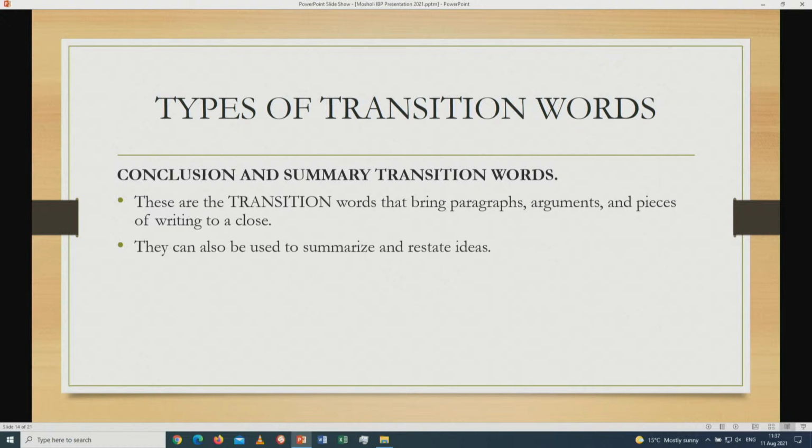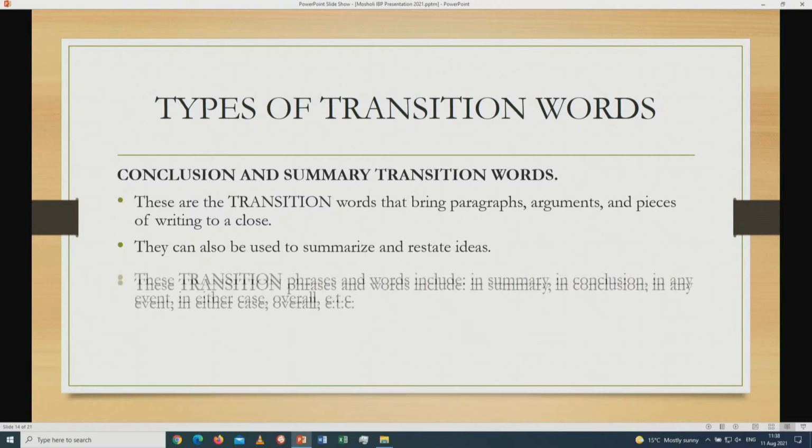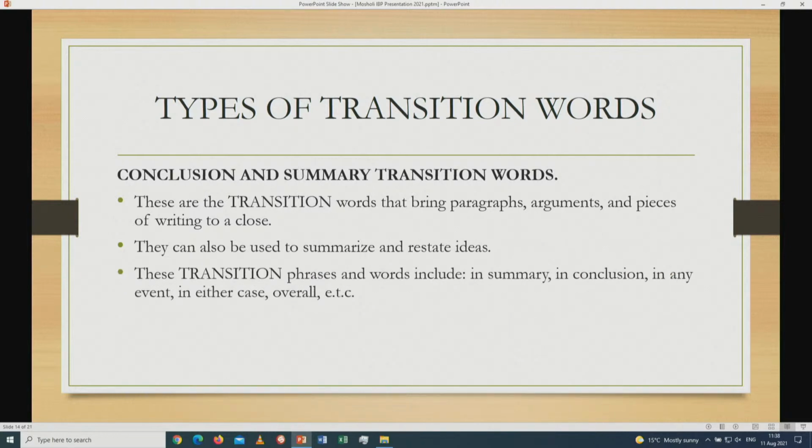They can also be used to summarize and restate ideas. These transition phrases and words include in summary, in conclusion, in any event, in either case, overall, etc.